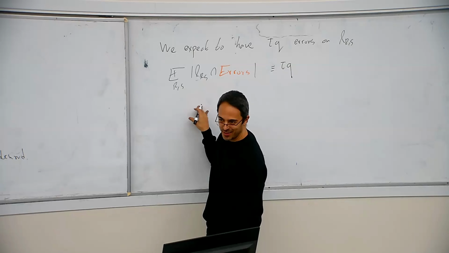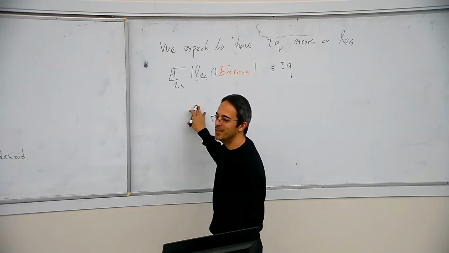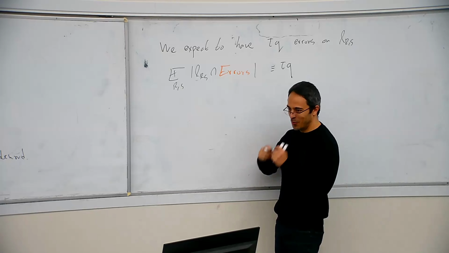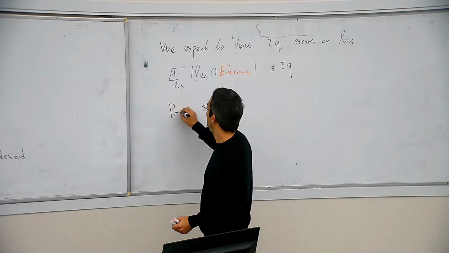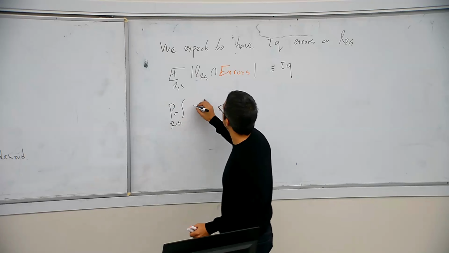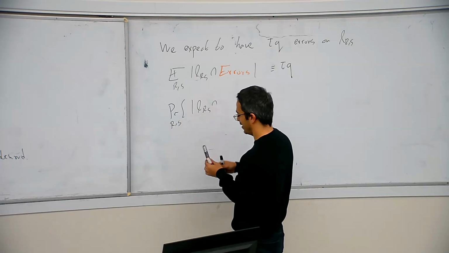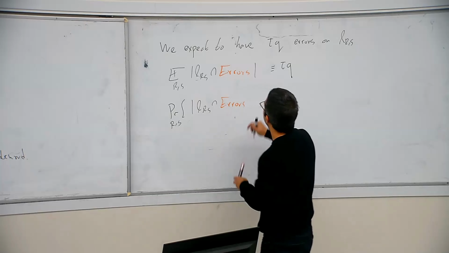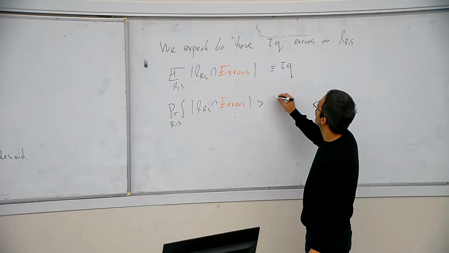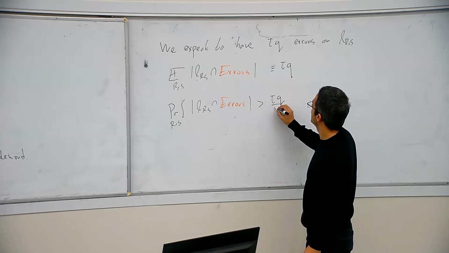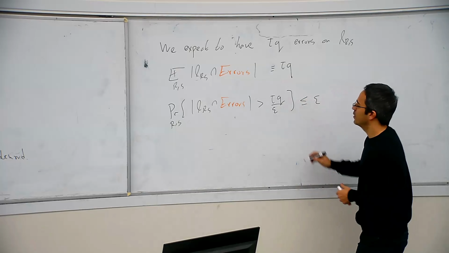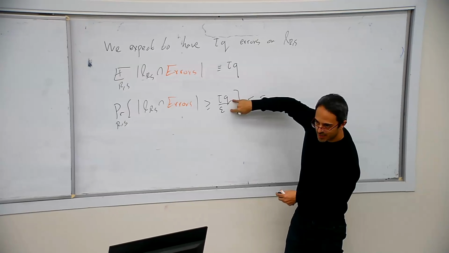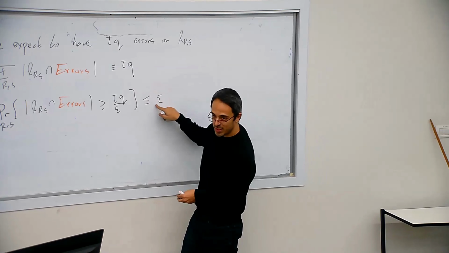I'll move from expectation to bounded probabilities. Markov, right? When you know a lot, you use Chernoff. When you don't know anything, you use Markov. So the probability, over the choice of line, of the number of errors in the line being more than 1 over epsilon times the expectation is at most epsilon.